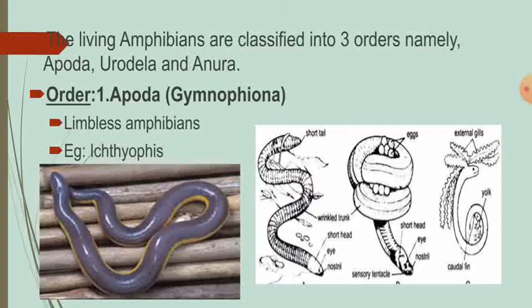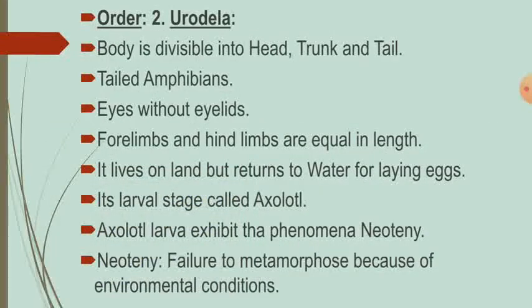Then the next order, that is Urodela. Here Uro means tail, and delos means visible. So in Urodela there is the presence of a tail. Urodela are also called Caudata, and cauda also means tail.